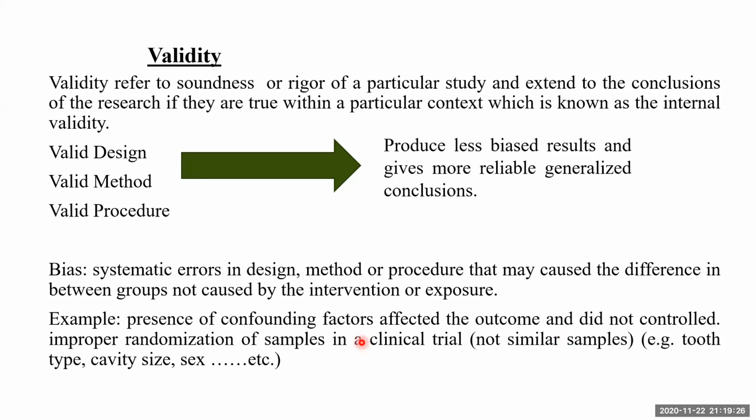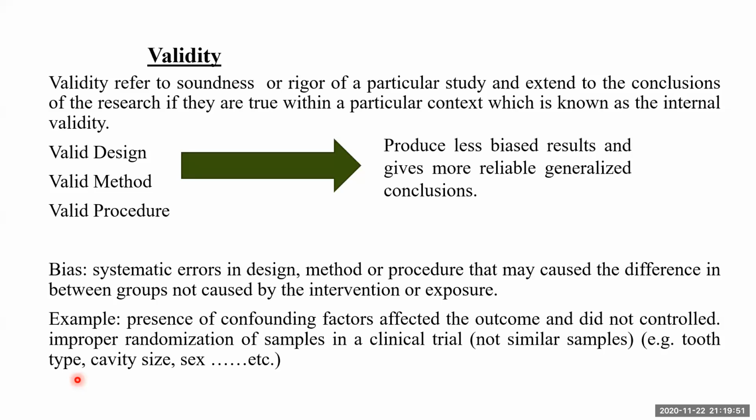For example, improper randomization of samples in the clinical trial will lead to dissimilar samples. For example, tooth type may be different from one group to the other. If we have more molars compared to premolars in one group than in the other, this may affect the result.